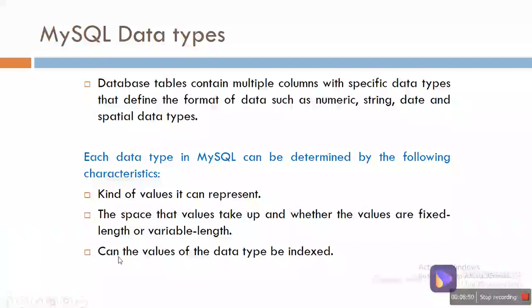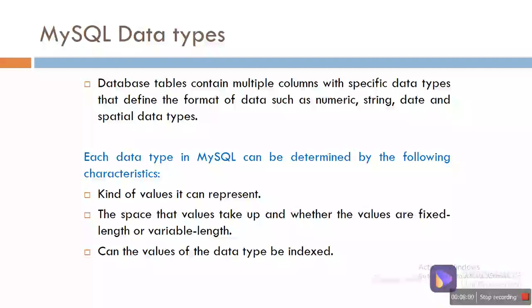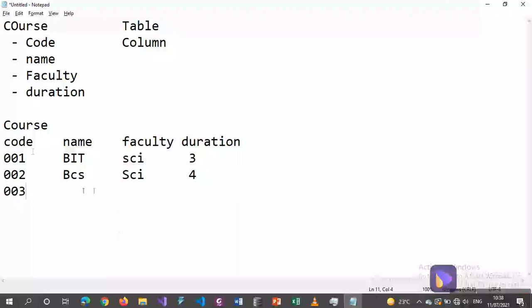And then the other thing is, can the values of the data type be indexed? What we mean by index is to assign a unique identifier to those values. We are saying that the values of a given column should not be duplicated.